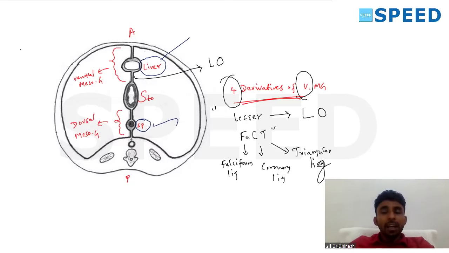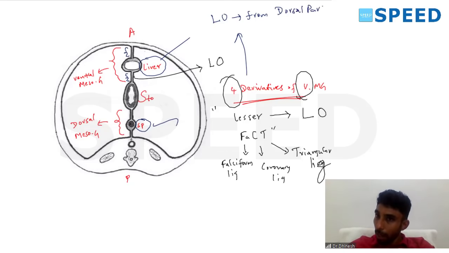And can you tell me, out of these 4 derivatives of the ventral mesogastrium, which one is derived from the dorsal part of ventral mesogastrium? Any idea? I think you can understand. In this ventral mesogastrium, this is the ventral part and this is the dorsal part of ventral mesogastrium. So out of these 4, please remember lesser omentum is developing from which part of the ventral mesogastrium?